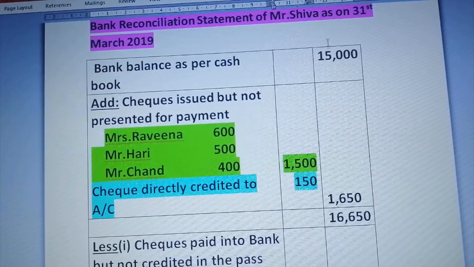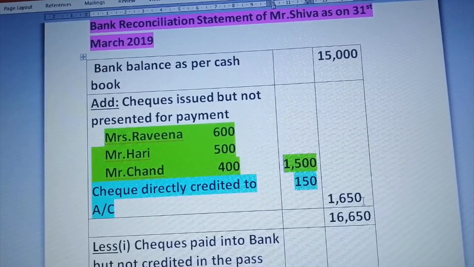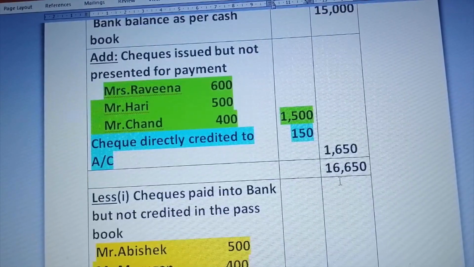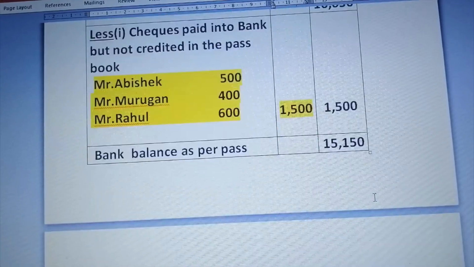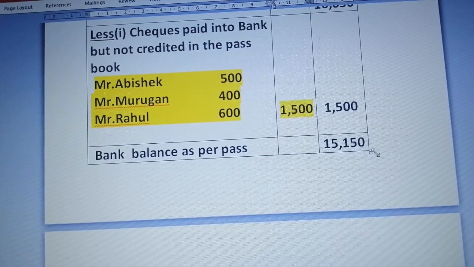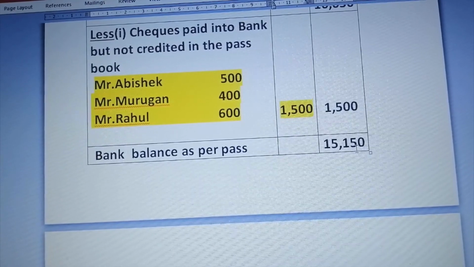So the total amount is how much? 1,650 is added with the cash book balance, 15,000 rupees. So the total amount is 16,650, from which 1,500 has been subtracted. Therefore, the bank balance as per passbook is 15,150. Clear?